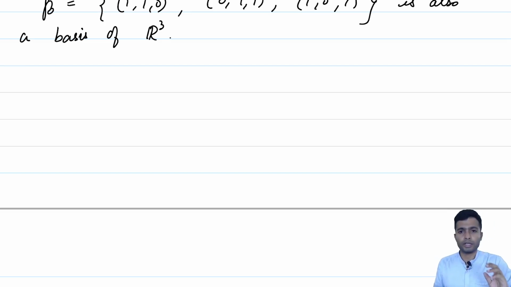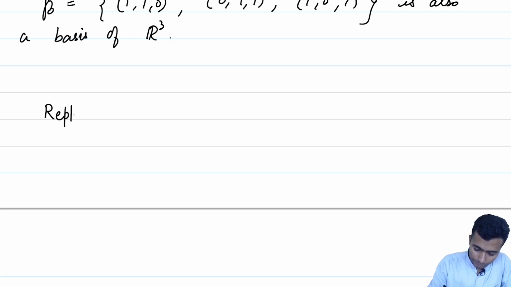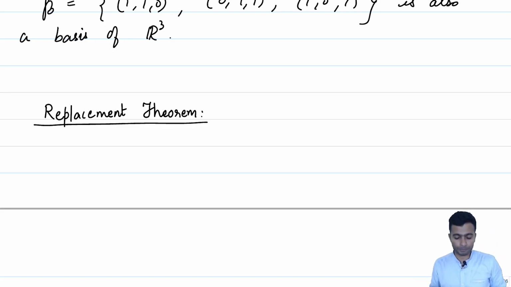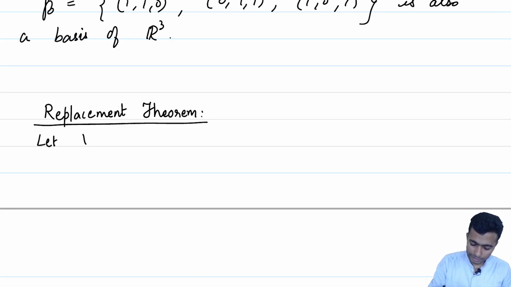This deep statement will follow from a technical result which we will now state. The technical result is called the replacement theorem. So, what does the replacement theorem tell you? Let V be a vector space.